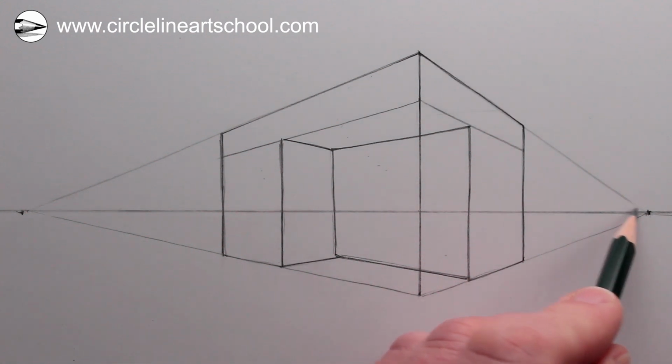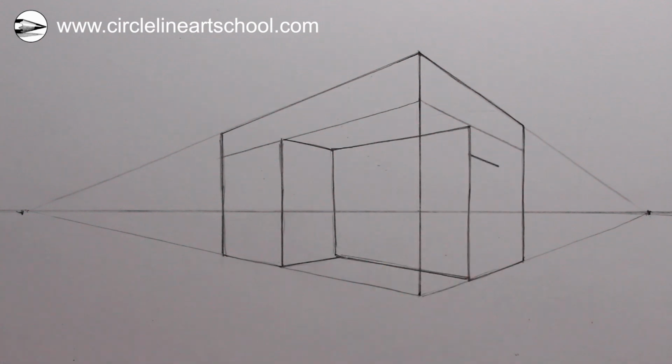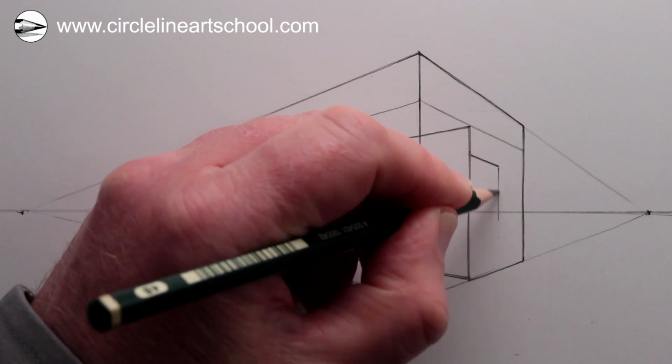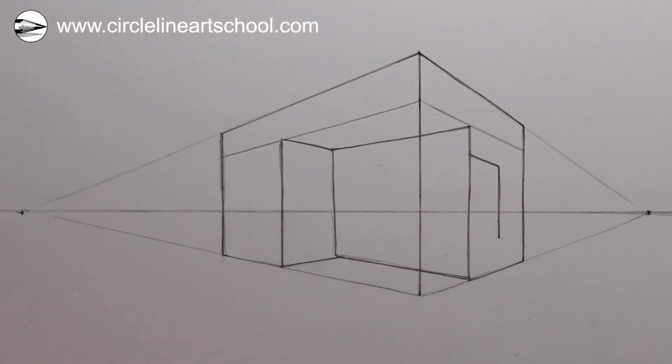Next, we could draw a line to the right vanishing point, and then a vertical line. And then another line to the right vanishing point. So we can draw another line to the left vanishing point.